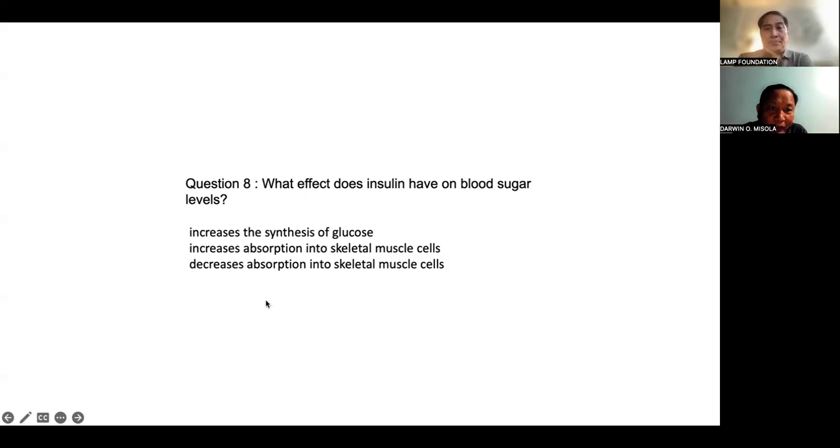No. The purpose of insulin is to actually increase absorption into the cells, specifically the skeletal muscle cells. Okay? So that is the effect of insulin. Increase the absorption into skeletal muscle cells.